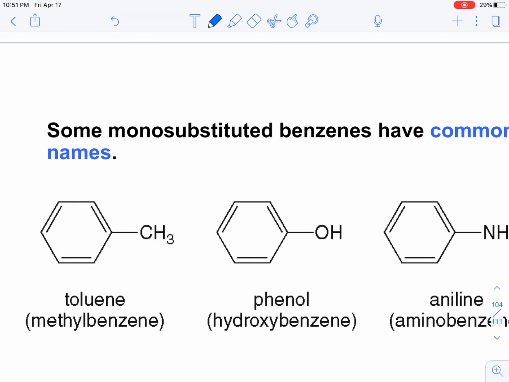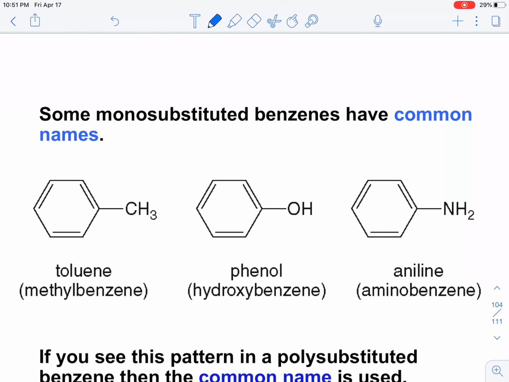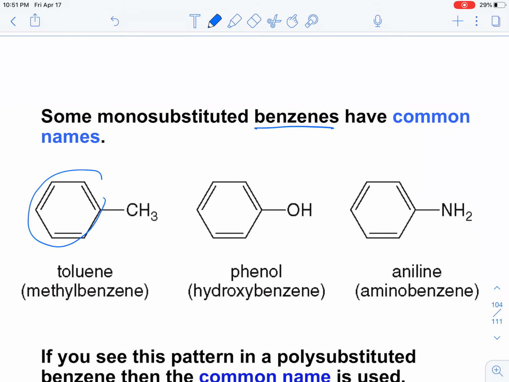Now, some monosubstituted benzenes have common names. And sometimes you guys will use these common names to take the place of the word benzene. And so if you have a benzene ring with one CH3, or a methyl group, this is known as methylbenzene, right? Methylbenzene. Now the common name that you guys are going to use is toluene.